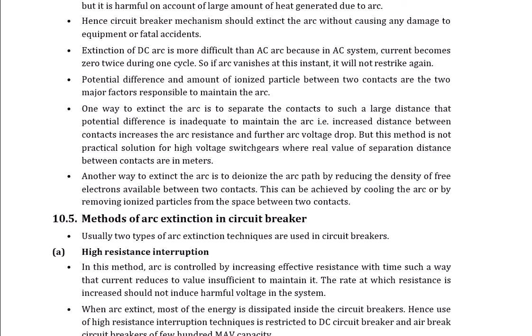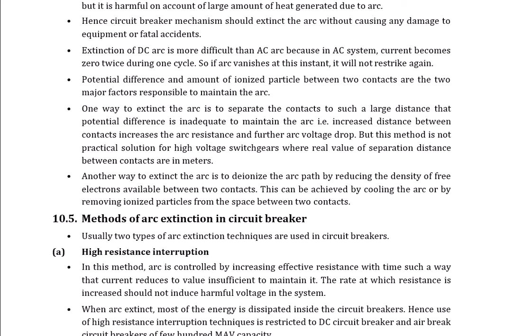But this method is not a practical solution for the high voltage switchgear, where the real value of separation distance between contacts is in meters. We cannot develop such a big bulky breaker, so in that situation we have to think of some other ideas.